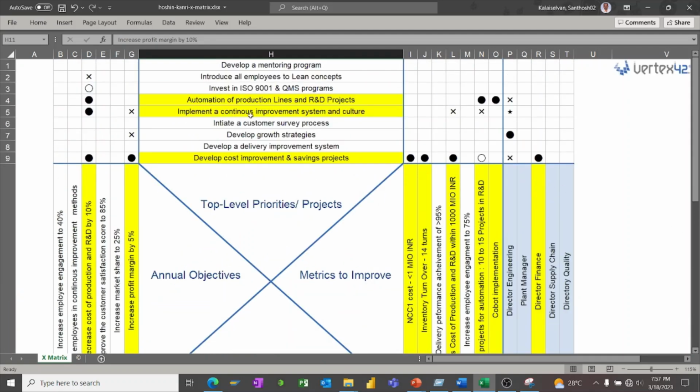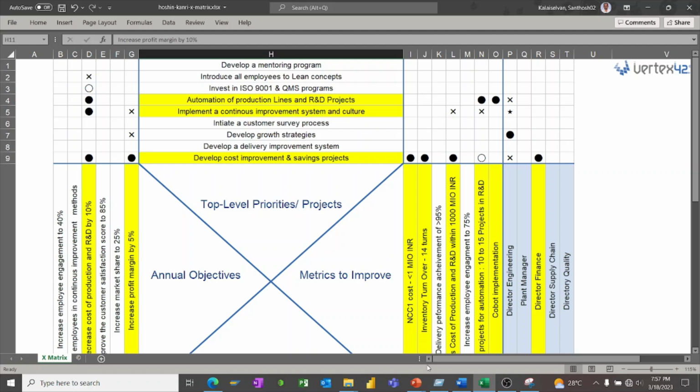So I hope you can understand how we have used this Hoshin Kanri X matrix to achieve the vision of the company.